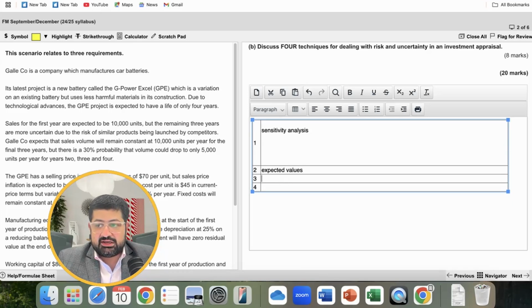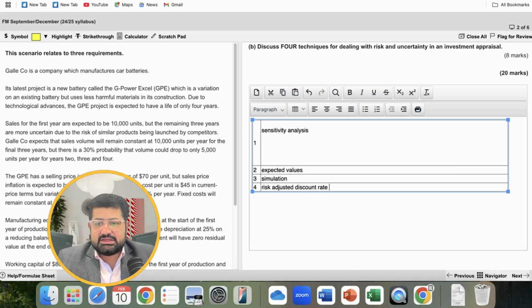Then the third technique can be simulation model. And the fourth can be risk adjusted discount rate. So we have to discuss 4 only. There can be adjusted payback as well.